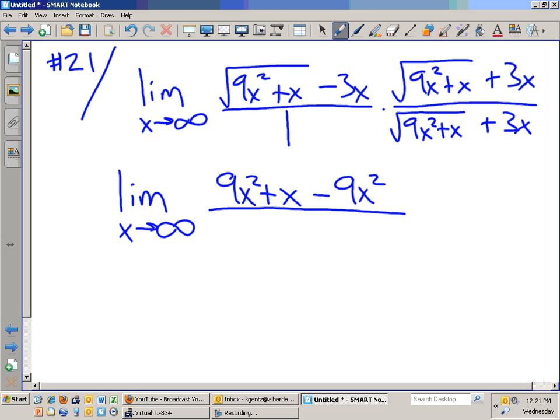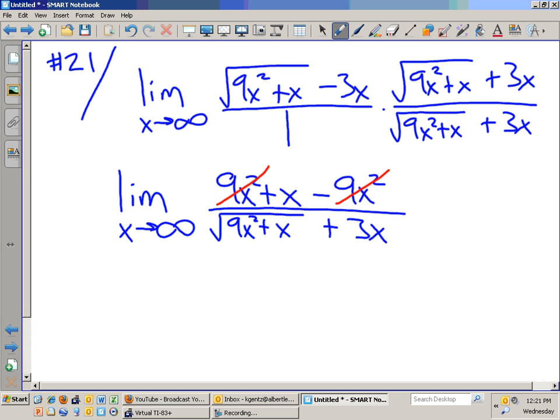Because they are conjugates, the middles will cancel. The square root will be gone, and we'll have 3x times 3x is 9x squared, and there we have it. On the bottom, we get the square root of 9x squared plus x plus 3x. And as you can see, what cancels on the top? 9x squared.